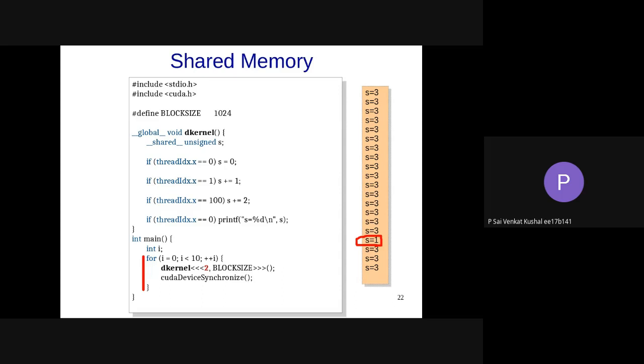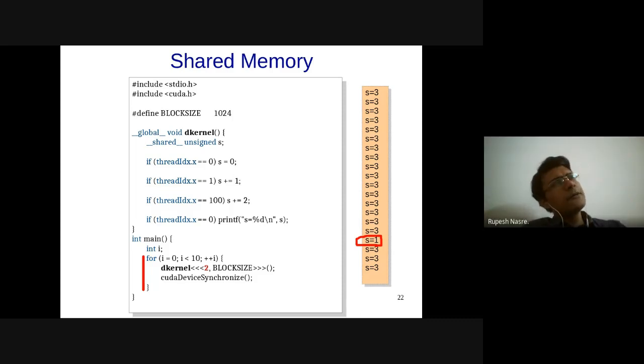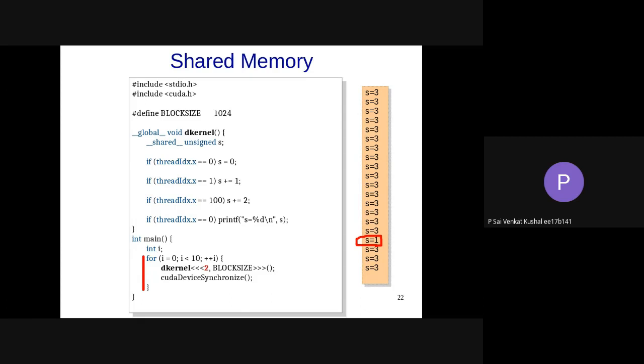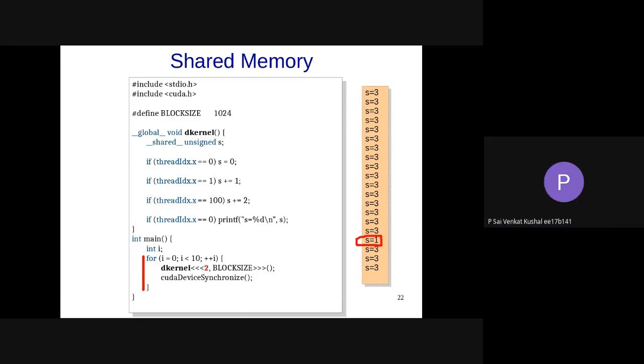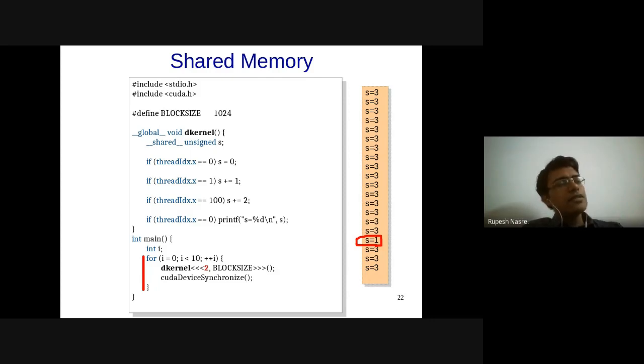Sir, is it possible to find the inconsistent output if we keep the block size, comma, block? I'm not sure. I haven't tried it. My feeling is that it might not reveal that, because it was not revealing for a single execution of 2 blocks. It might not reveal it for multiple blocks as well, and therefore I had to execute it multiple number of times.